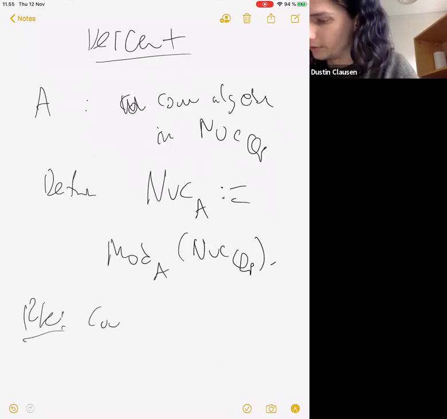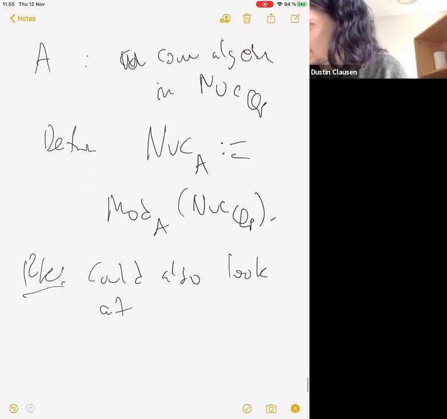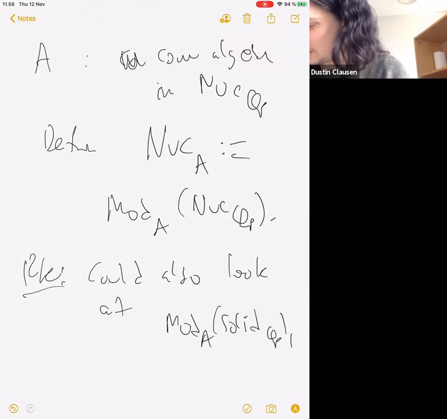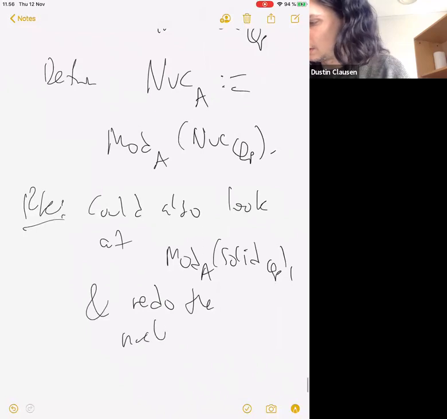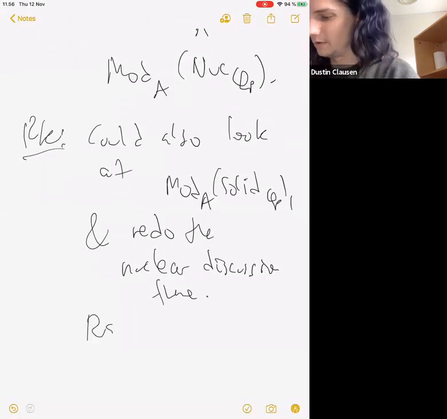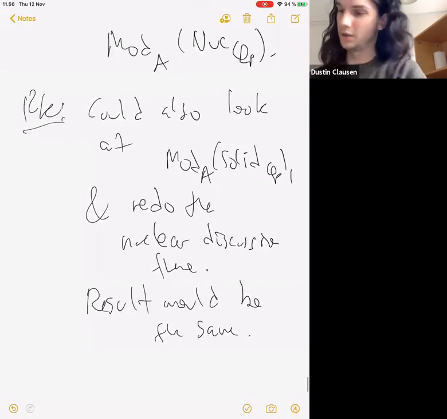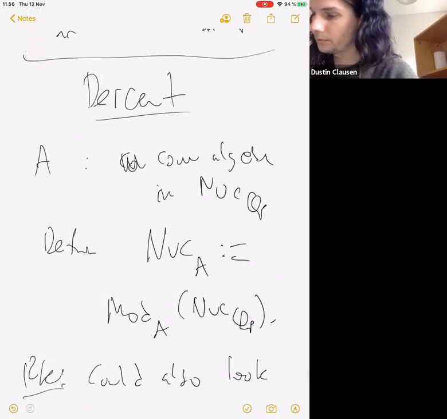You could also look at A-modules in solid Q_p-modules and redo the nuclear discussion there. The result would be the same. I won't get into why, but okay.